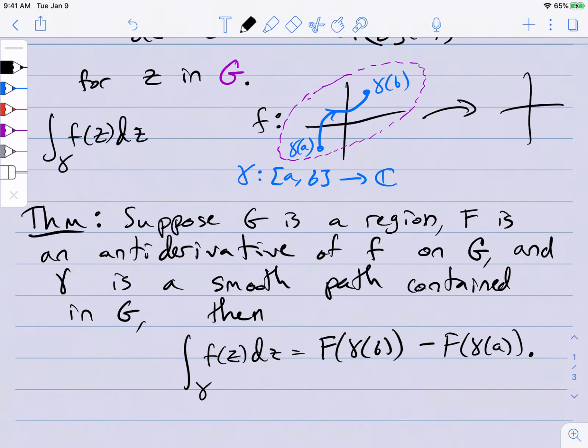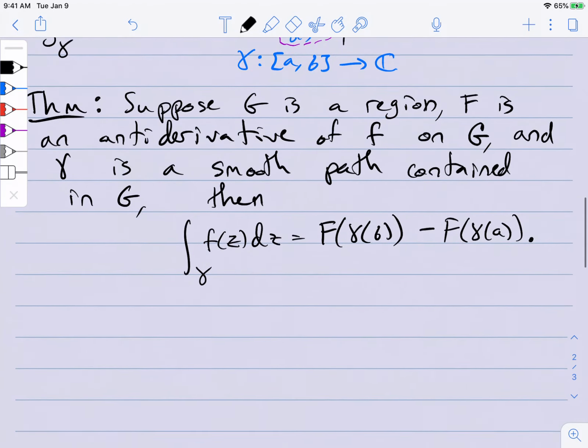Okay, so it has a similar feel to the first fundamental theorem of calculus. We can calculate this path integral by just looking at the values of the antiderivative at the endpoints of the path. Okay.